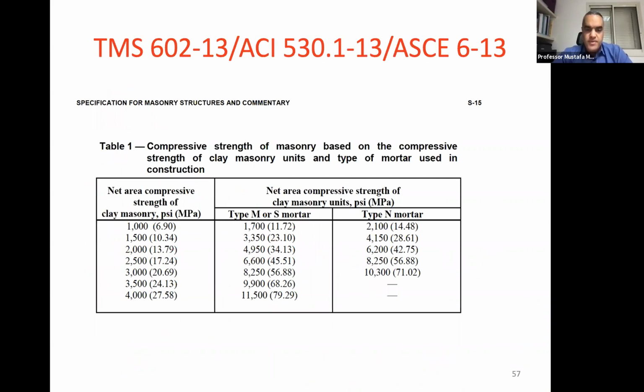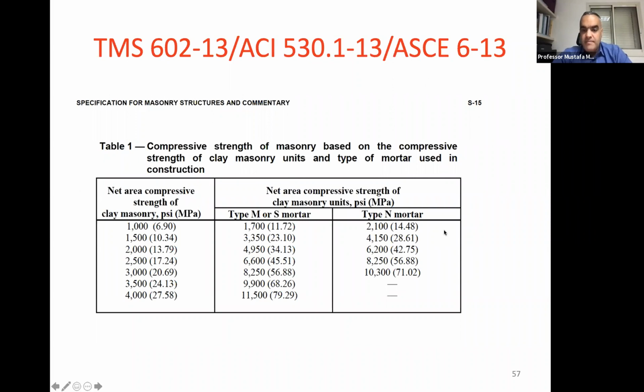Okay, so for the compressive strength of masonry, we have this table from the code that shows the compressive strength of masonry based on the compressive strength of clay masonry and the type of mortar. This depends on the net area. Remember, we talked about the net area compressive strength of the clay masonry unit.